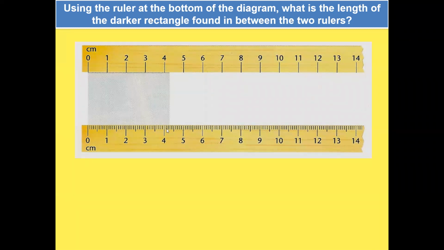So maybe 4.2. Those two numbers I know for sure. And then I would estimate my next one. So maybe 4.21. Somebody else may say 4.20. But I know the 4 for sure, I know the 0.2 for sure, and then I always make one more place the estimation.